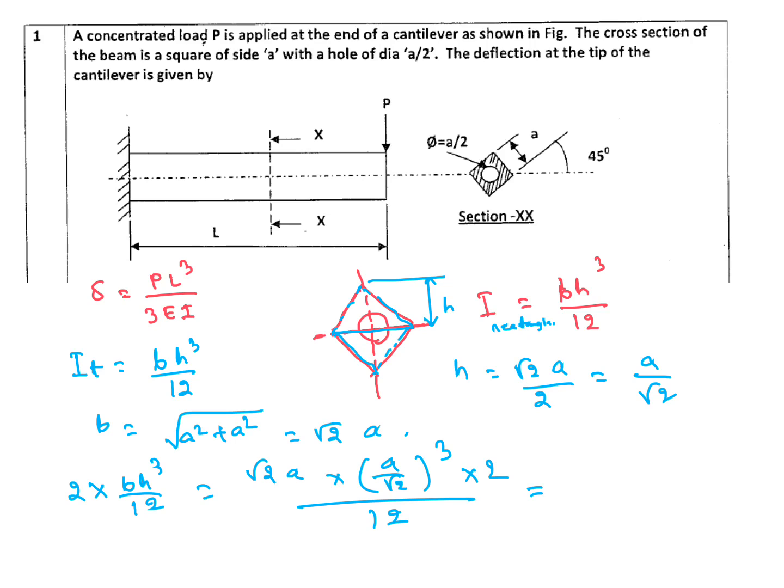So it will come root 2, 2 cancel. So it will come 2 1 root 2 and 2 root 2 square cancel. It's a^4 by 12.